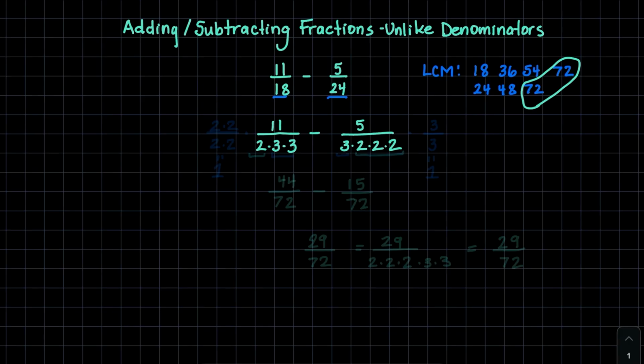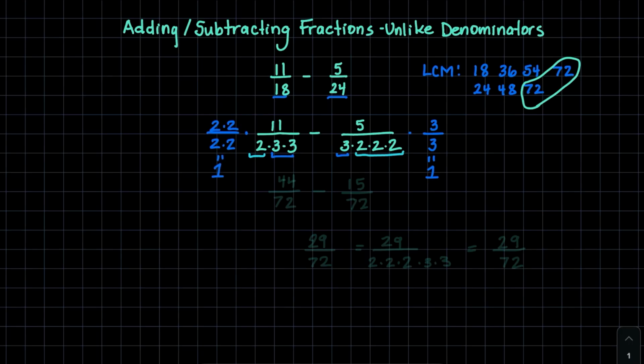Right now I can see the first fraction has 2 3s, but the second only has 1 3. So I know I need to multiply the second by 3, which we know is still equivalent to 1. My second fraction has 3 2s, but my first one only has 1 2. So I know this fraction needs 2 2s. This is still equivalent to 1.